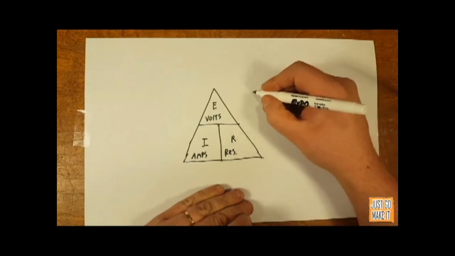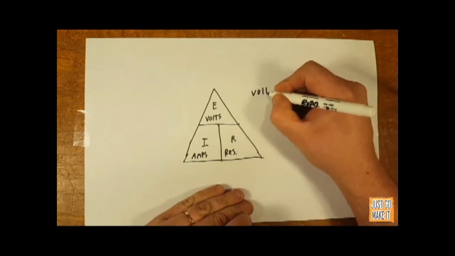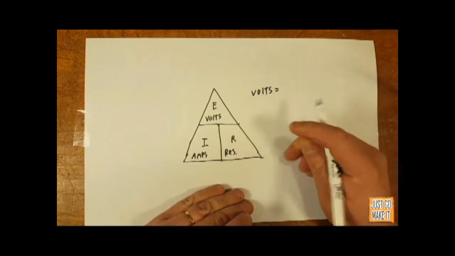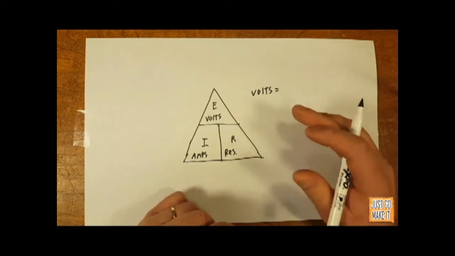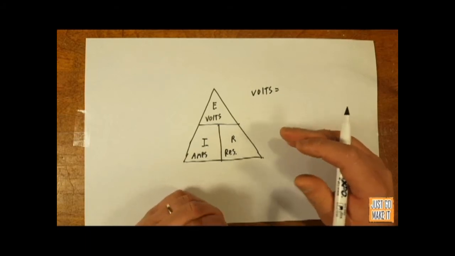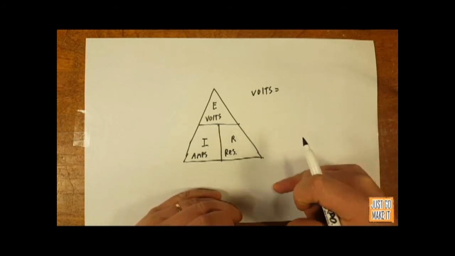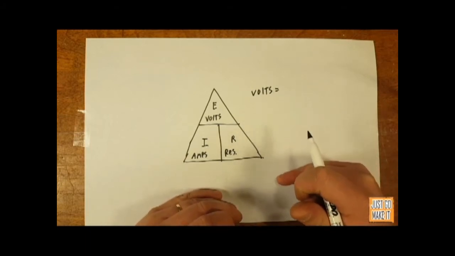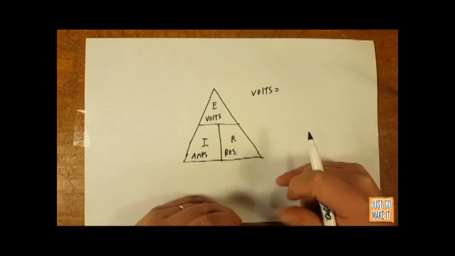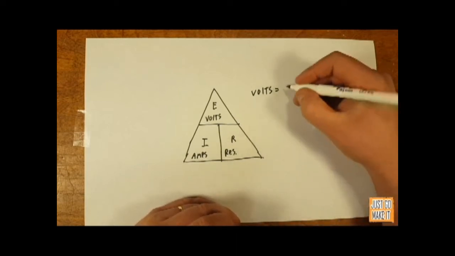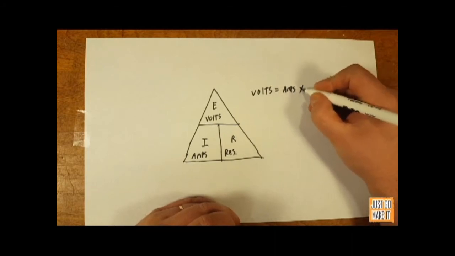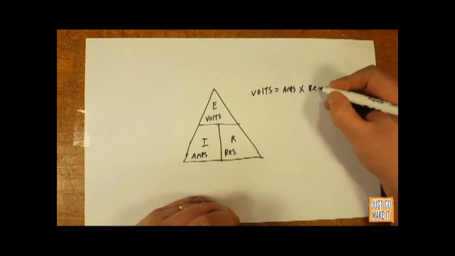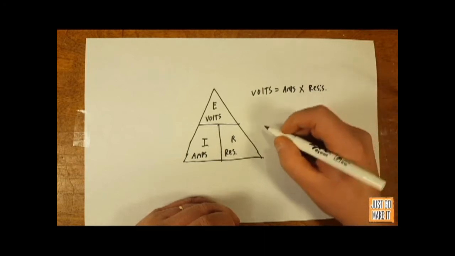Let's start out figuring out volts. Let's say you're trying to design some kind of circuit and you're not sure what voltage it can handle, but you know the resistance of the circuit and how many amps you want to run through it. To figure that out, you take your amps and multiply them by the resistance.